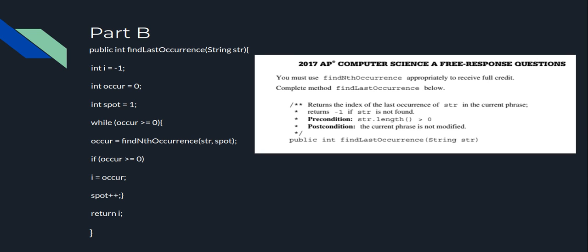And after that loop is complete, it'll return the value of i, which is the index of the last occurrence of string str in the phrase that is inputted. And I'll give you a moment to copy that code as well.